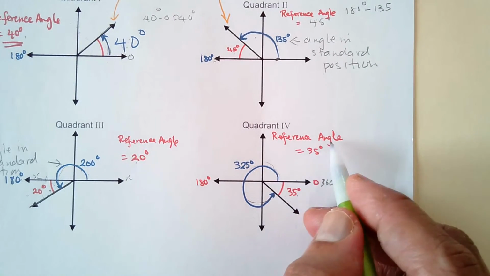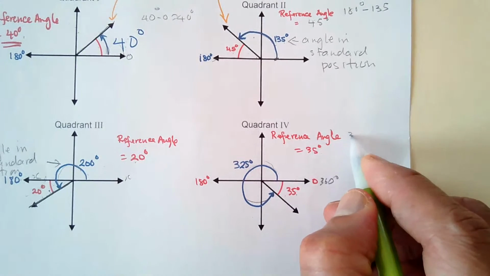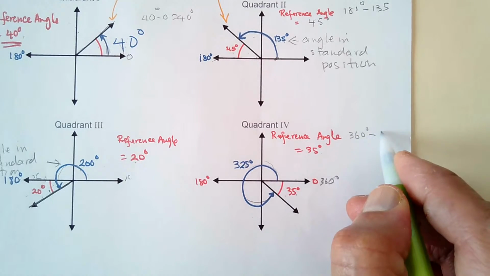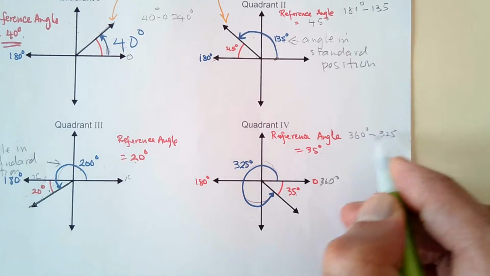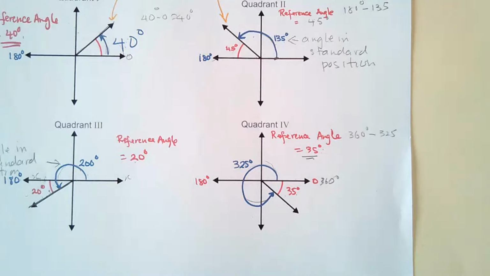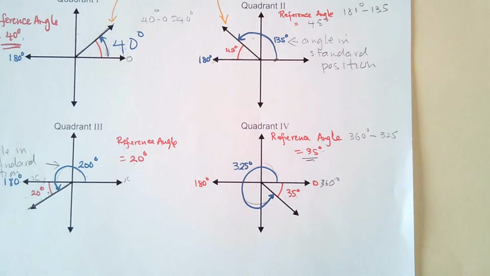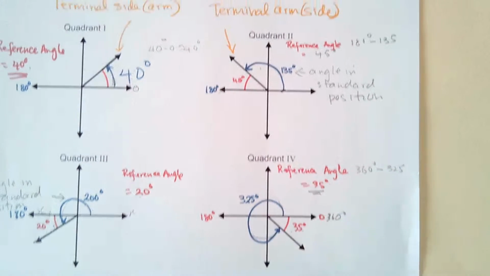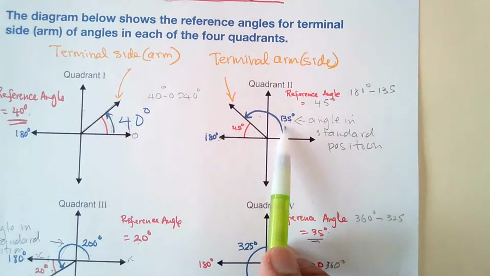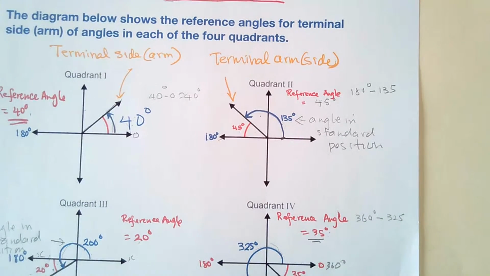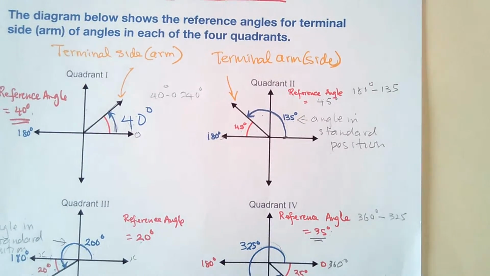So the reference angle would be 360 degrees minus 325, which gives me 35 degrees. So these are all the reference angles. We have quadrant 4, quadrant 1, quadrant 2, quadrant 1, and quadrant 3, the reference angle.